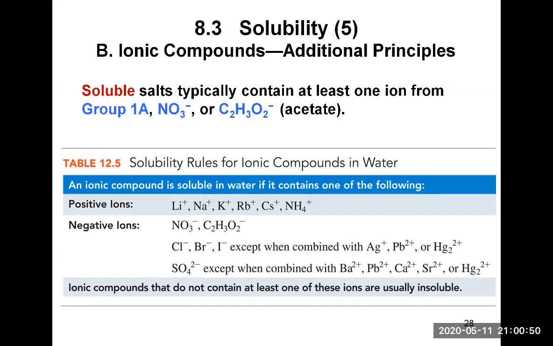There are many kinds of tables like that. They don't look the same, but they have the same information in the end. So it doesn't matter which table you are using. They should all get you to find if a given compound is soluble or not.